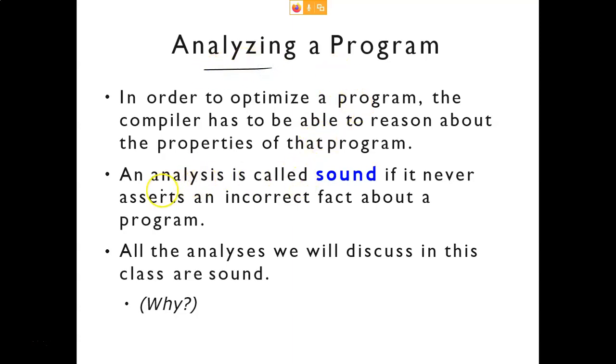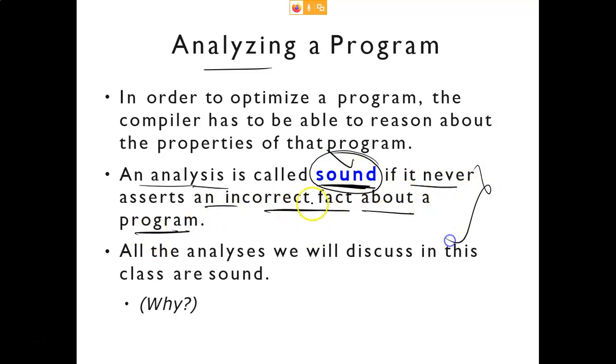Now there is a terminology. If you are doing some analysis, let's assume I give you some program text, you are analyzing that program text and you want to do some optimization on it. To do the optimization you need to analyze it. We say that some analysis is sound if it never asserts any incorrect effect about the program.